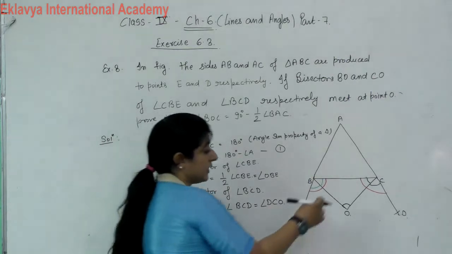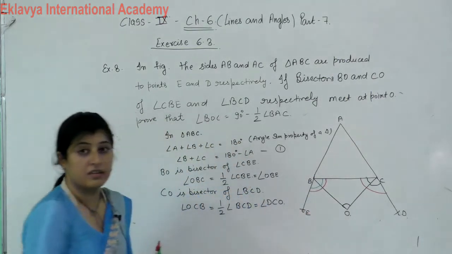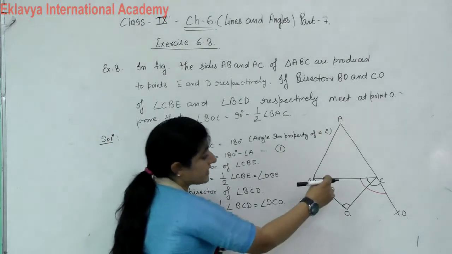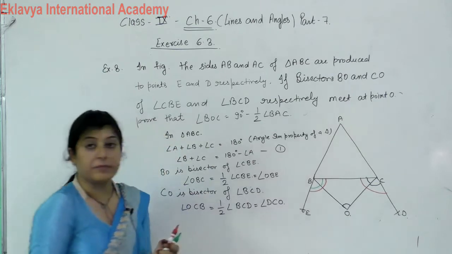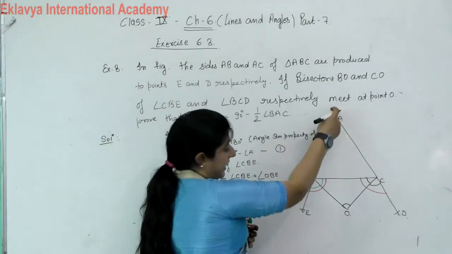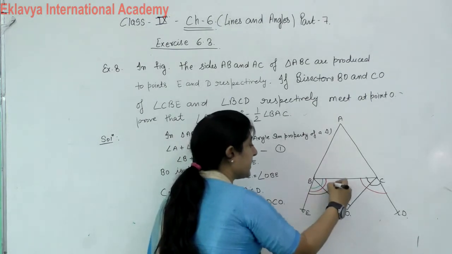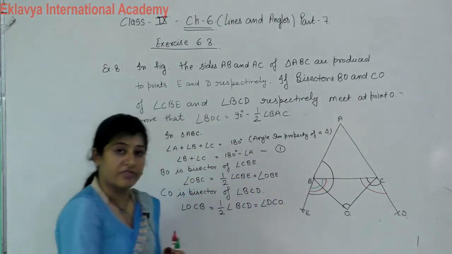Now see, in this triangle, how to solve it? What is the value of this angle B? AB side is produced, then this complete angle becomes 180 degrees.